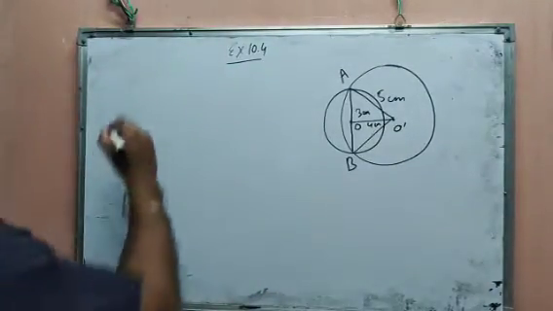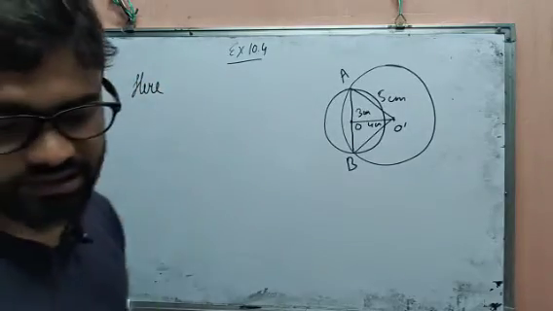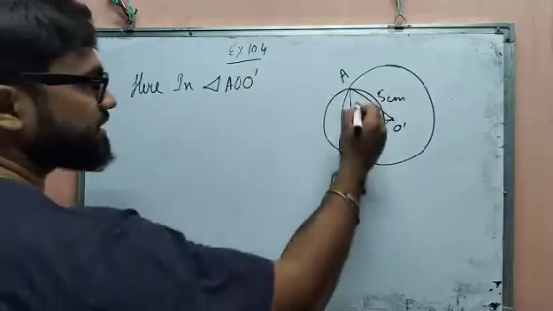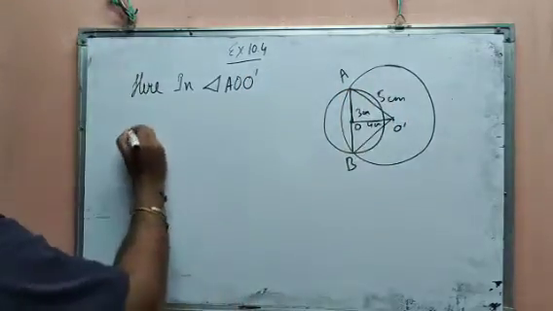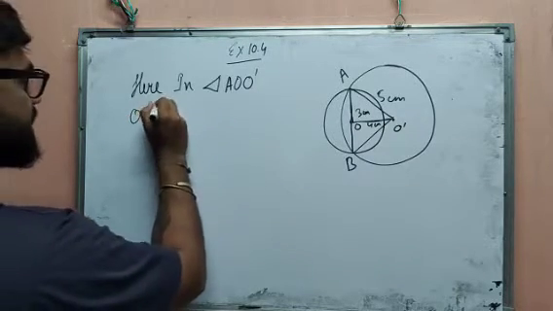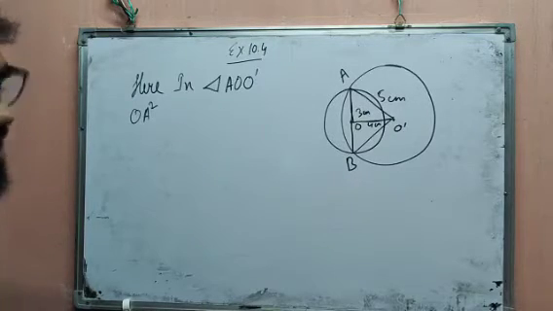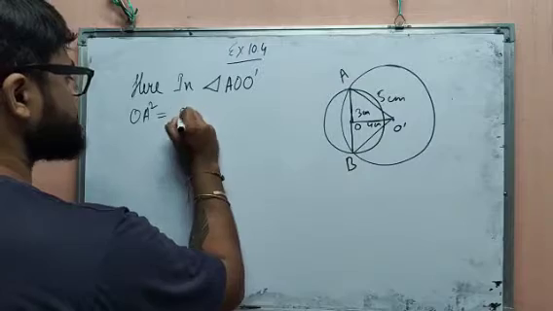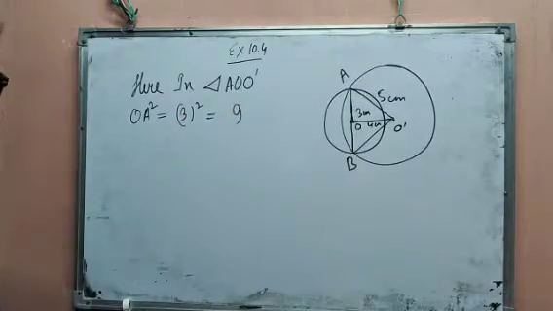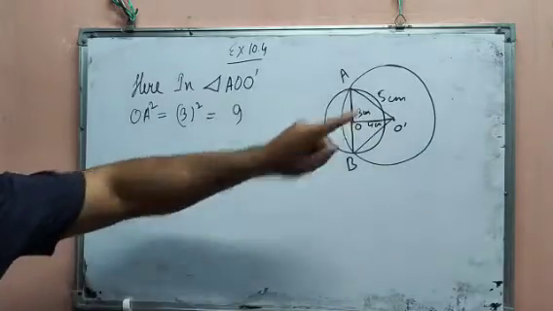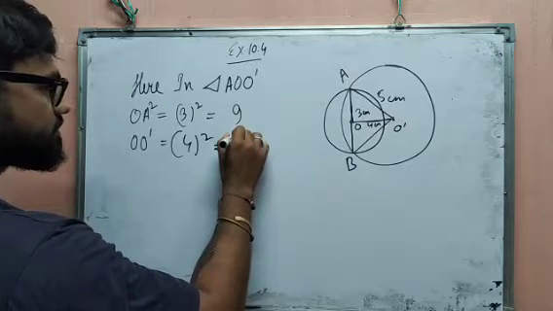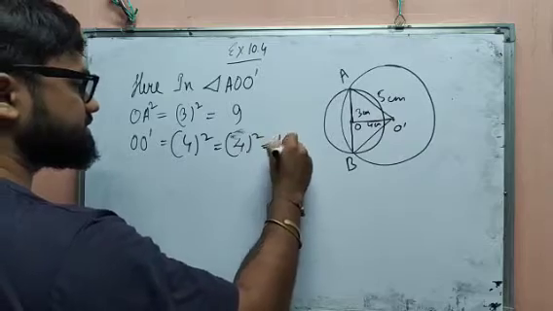So clearly you can see here, in triangle AO dash O, OA square equals 3 square, which is 9. Then OO dash square equals 4 square, which is 16.